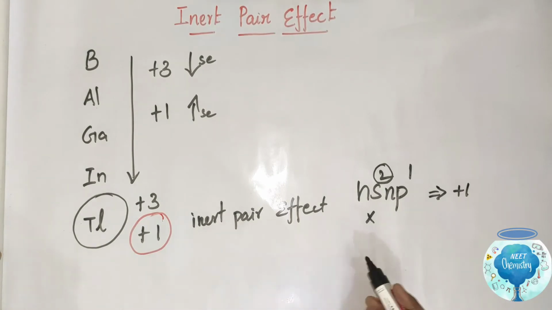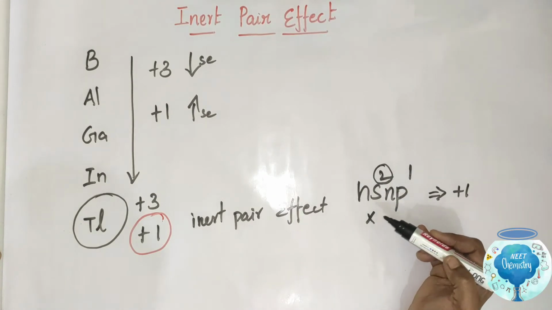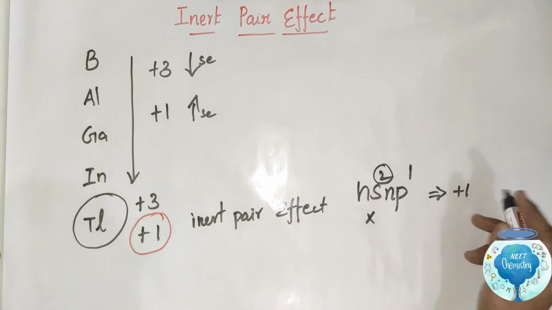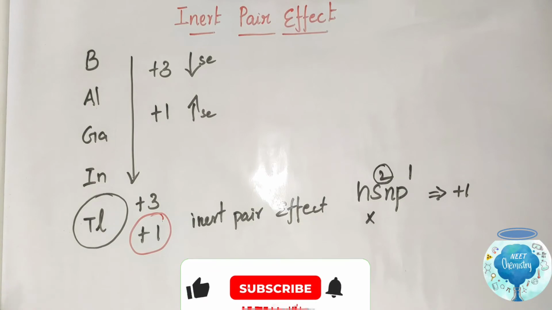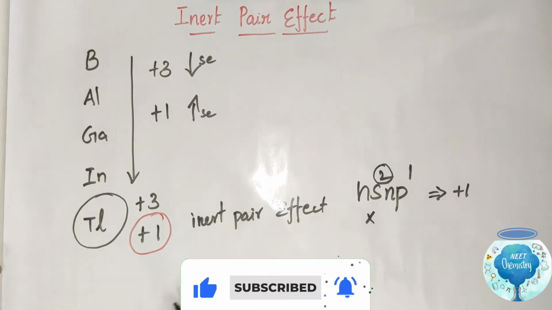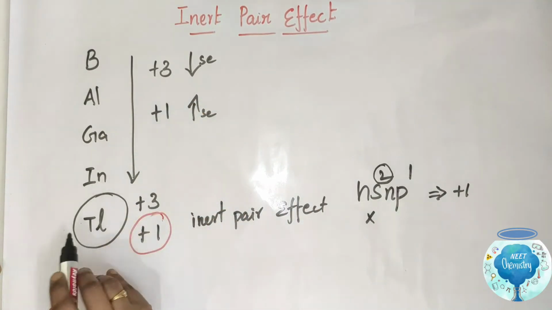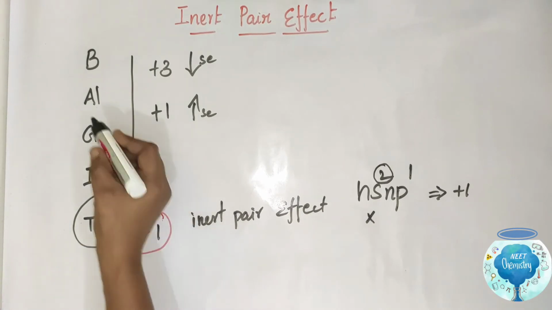Down the group, the 2 electrons in the ns orbital do not get involved in bonding. Only this 1 electron is involved in bonding. So the oxidation state is plus 1. The actual reason is that down the group the number of protons increases.